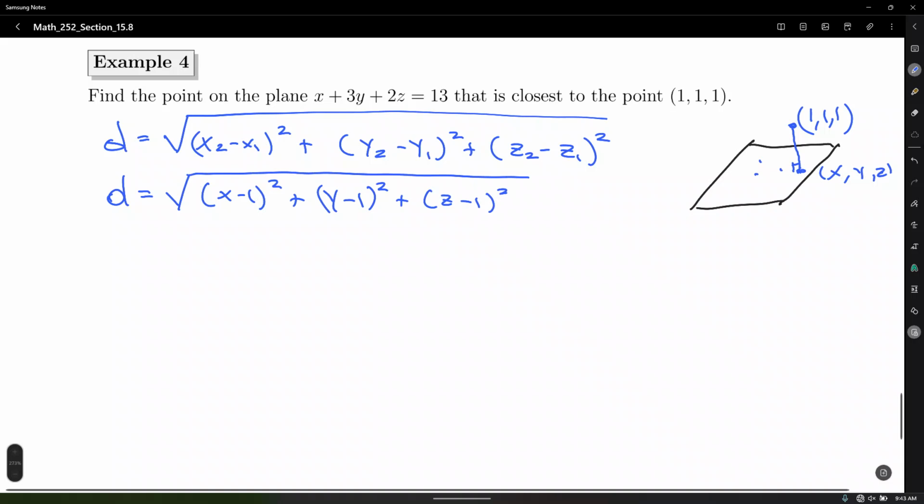Okay. Yes. Look at this function. Did you feel like doing a chain rule with this big radical when it comes to finding the partial derivatives? That looks like a hell, right?